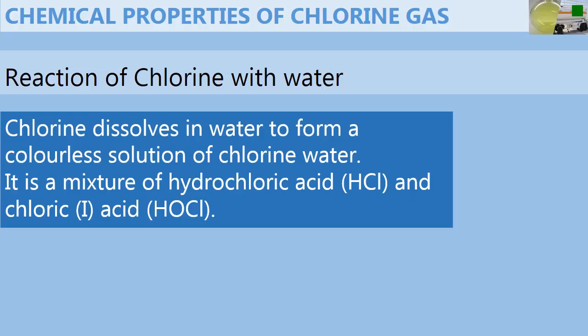And you remember we mentioned that chlorine dissolves in water to form a colorless solution of chlorine water, although sometimes the chlorine water has a pale yellow color. Chlorine water is a mixture of hydrochloric acid and chloric 1 acid.